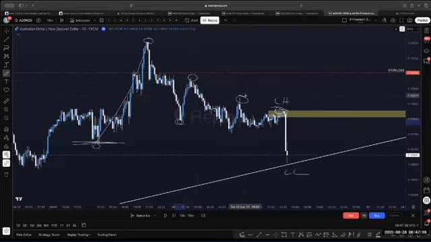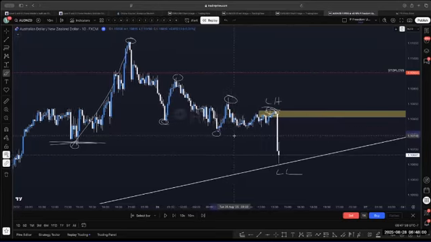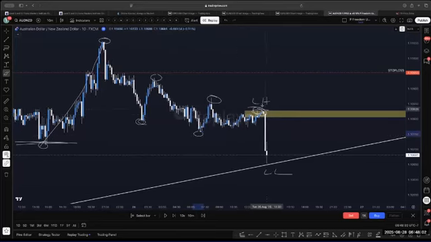This high right here, every high needs a low. Where was the low for this high? It was right here. And that makes sense because I could see the high, the low, the lower high, the lower low. Okay, cool. Every high needs a low. Where was the high for this low? Right here.